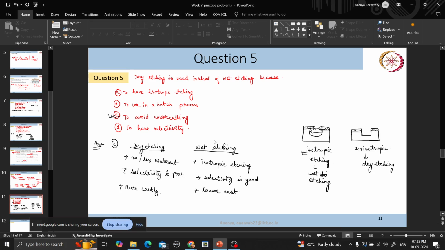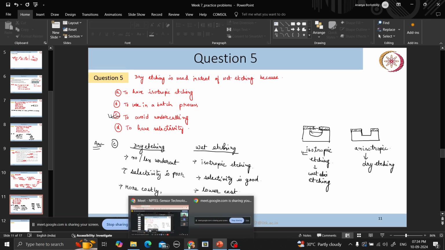So I hope it is clear. Is there any question on dry and wet etching or on etching in general? Okay, thanks, at least I'm getting some confirmation.